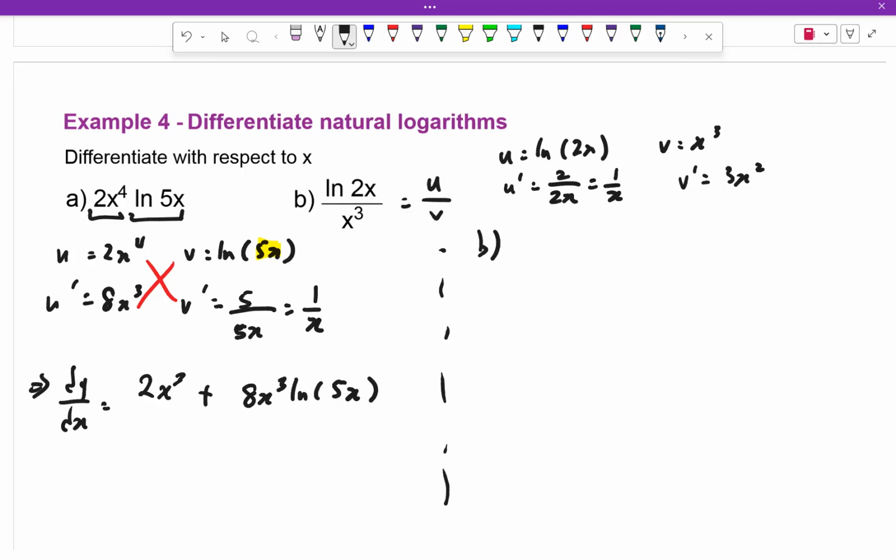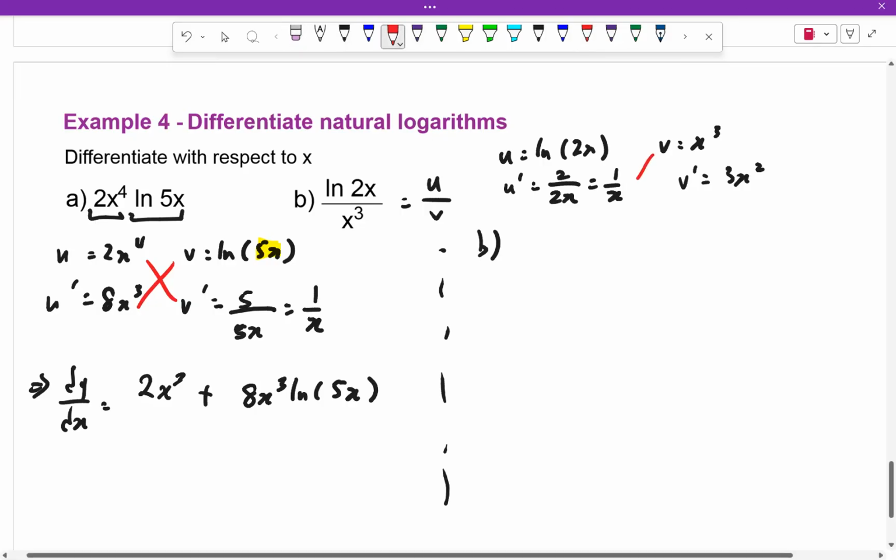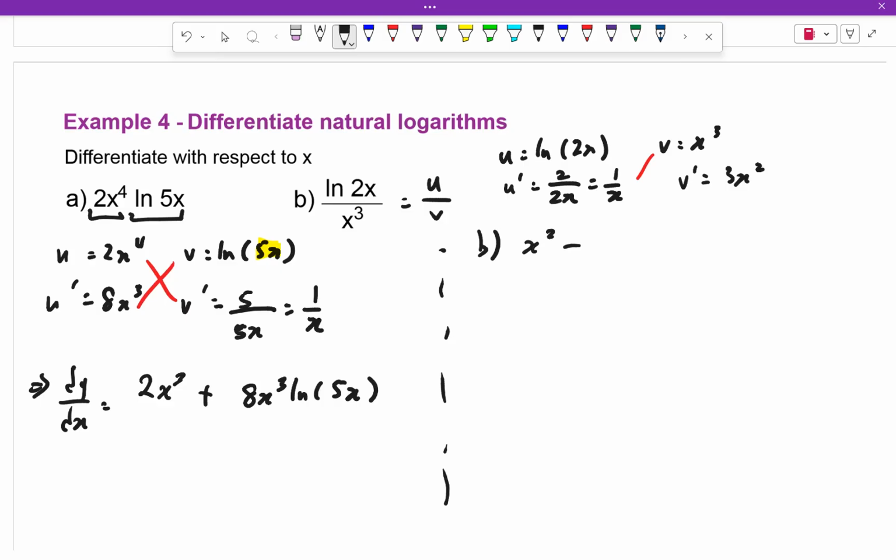So hence in this case, we start multiplying the one with u dash. So that becomes x squared minus this part. So it becomes 3x squared ln 2x over v squared, which is just x to the power of 6.